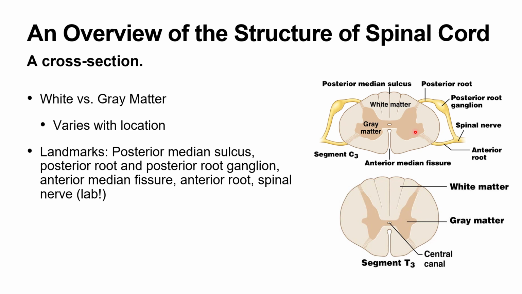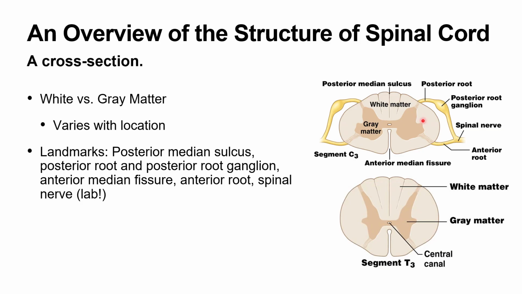That is what these outward projections of the gray matter in the spinal cord are referred to as. They are the horns of the gray matter. So we have an anterior horn and a posterior horn that we see right through here. That is our definition of the gray horns, outward projections of the gray matter in the spinal cord.